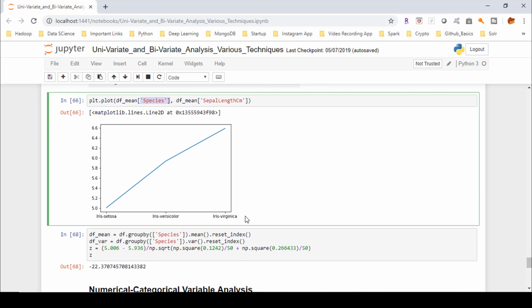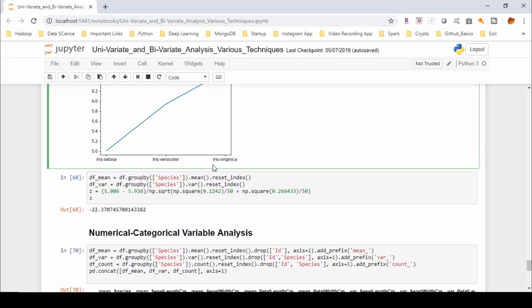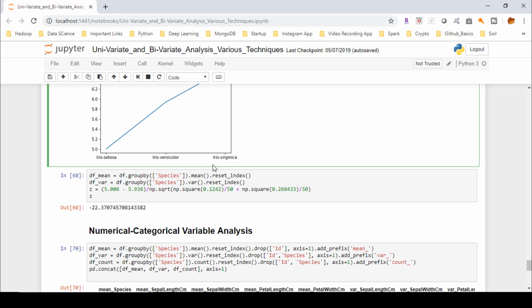You can see that the line plot is created here, and from this line plot you can visualize that Virginica has the highest average sepal length among all the three categories. This is the way we create the line plot to visualize the values for categorical and numerical combinations.